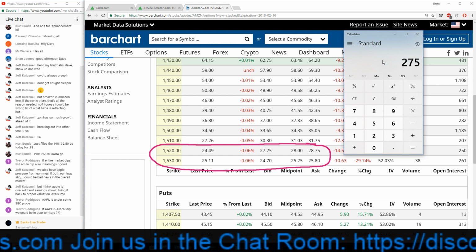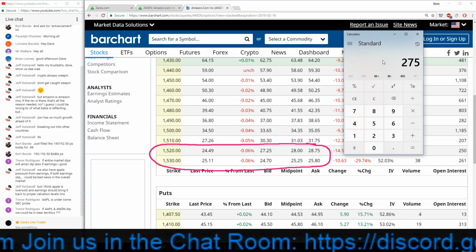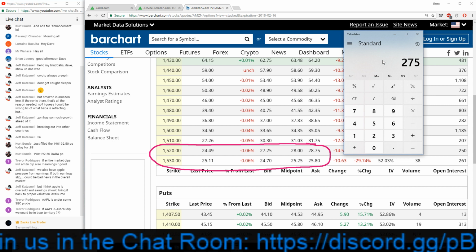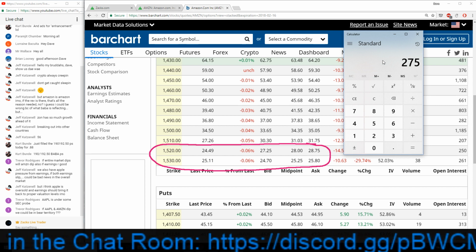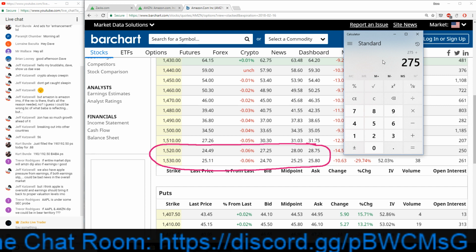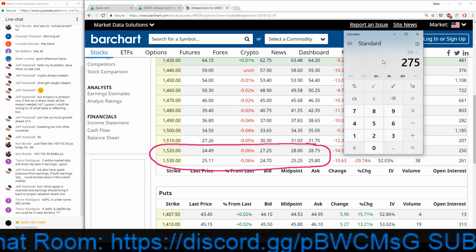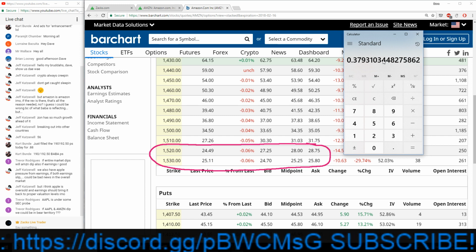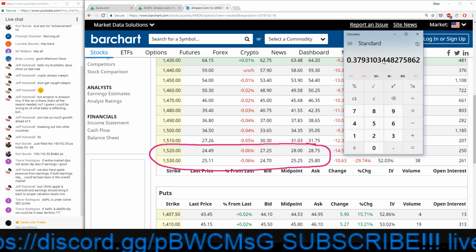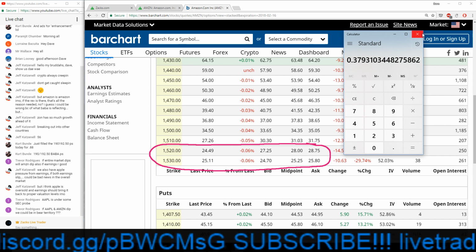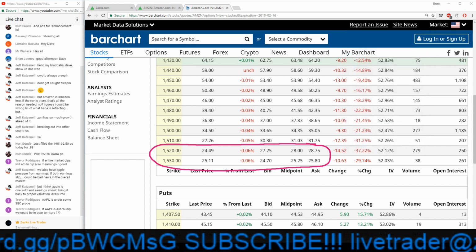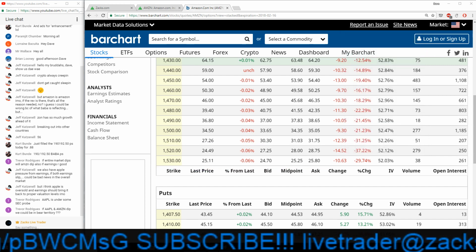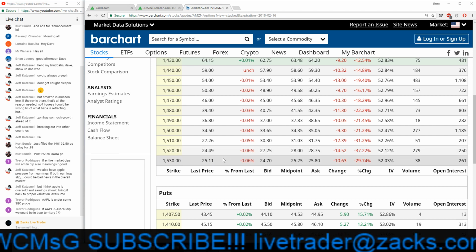So 275 is the net credit you would get on this spread. But the problem is that the difference in the strike prices is $10. So that means to make that 275, you'd have to have 725 at risk. So you can make 38%, but you got $700 of risk on the table. That's a lot of juice, my friends. A lot of juice.